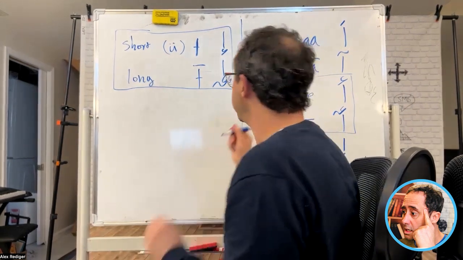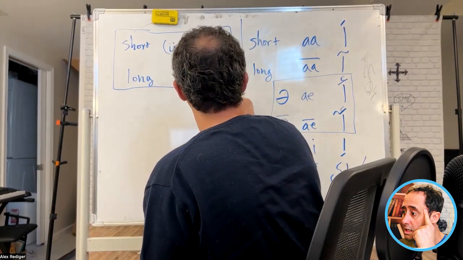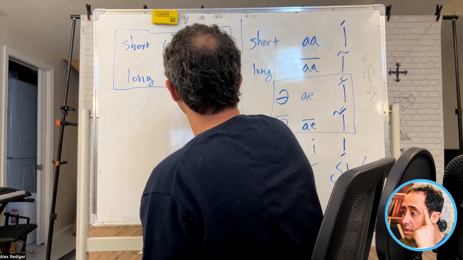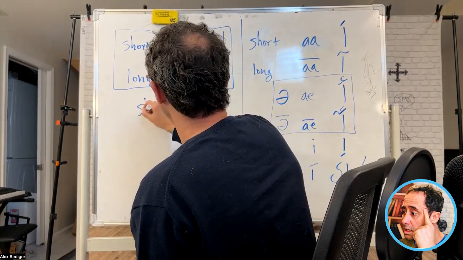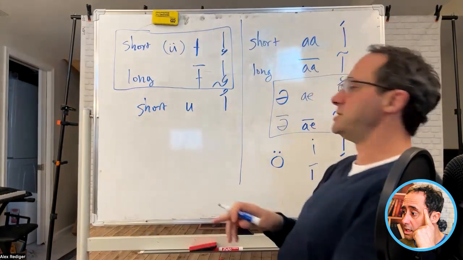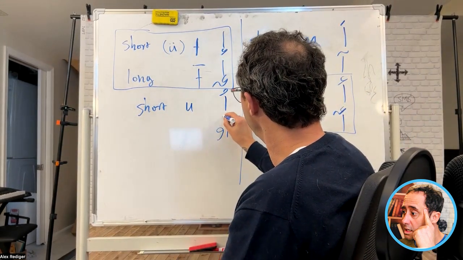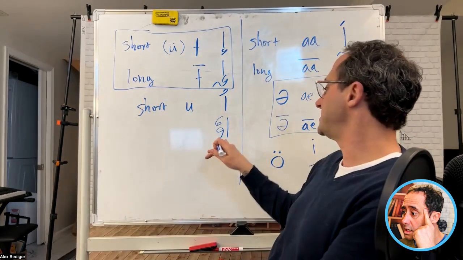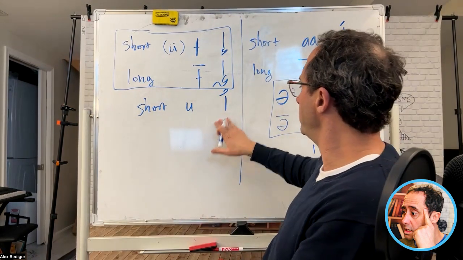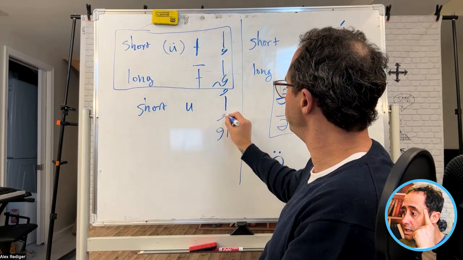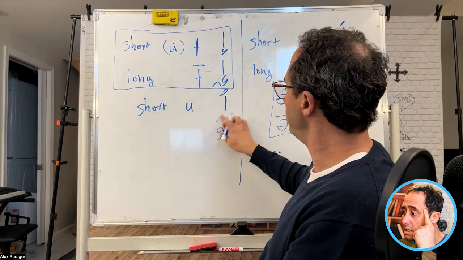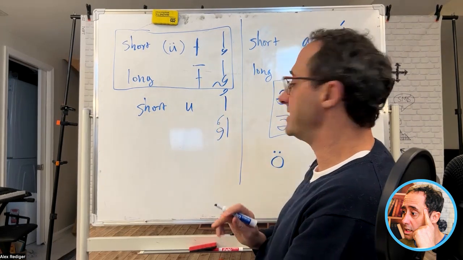This is easy. Short, and this is oo. Usually in Urdu, these two would be enough, and that would be oo. But here, they're specifying that that is oo.